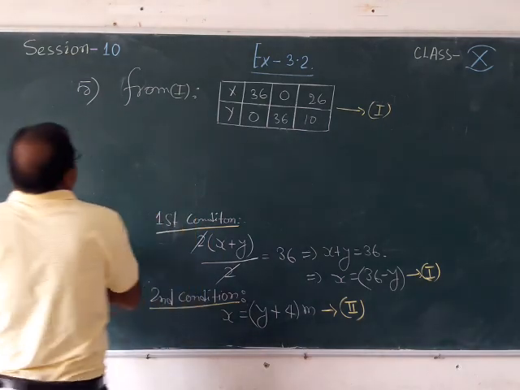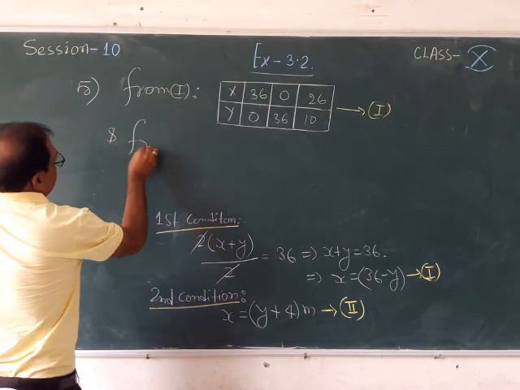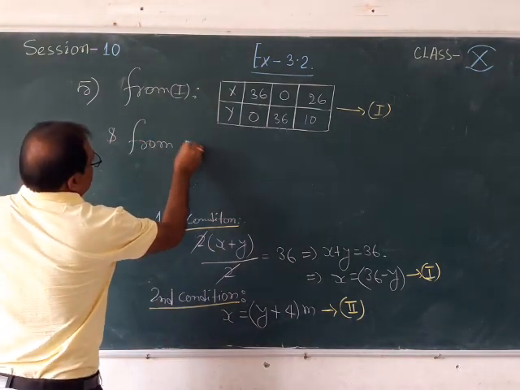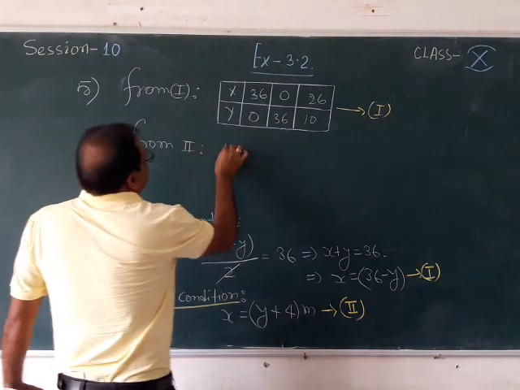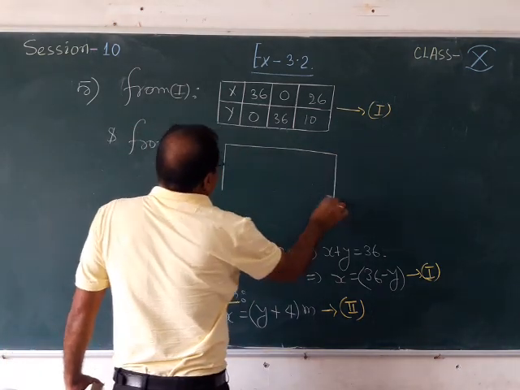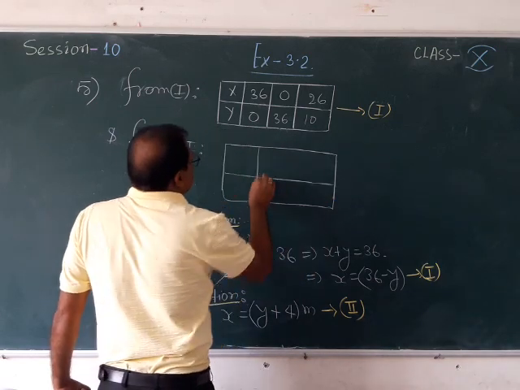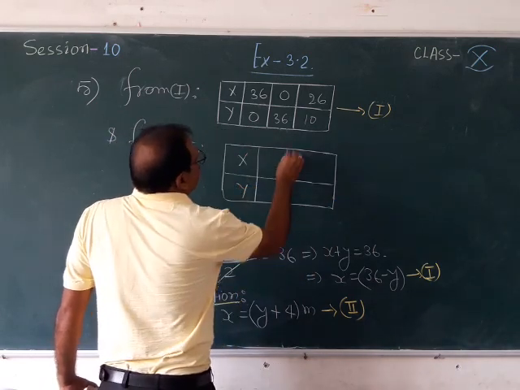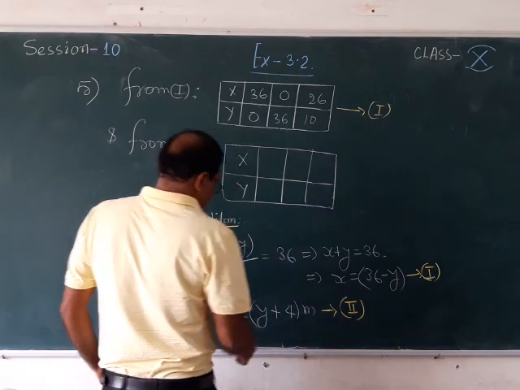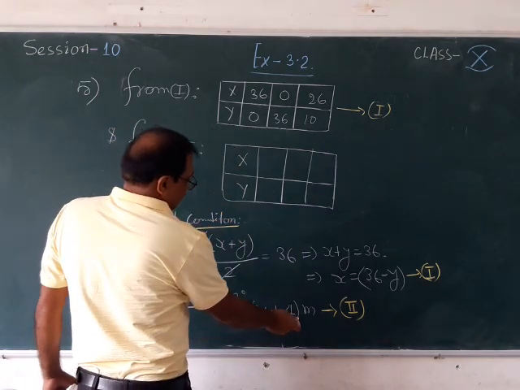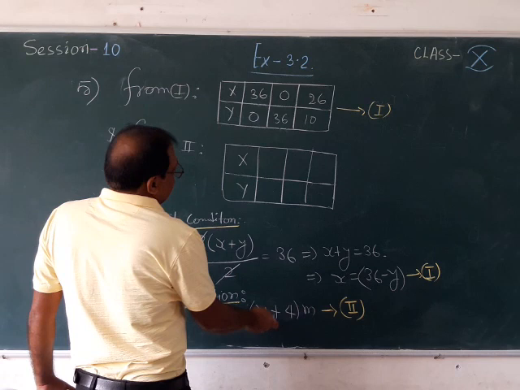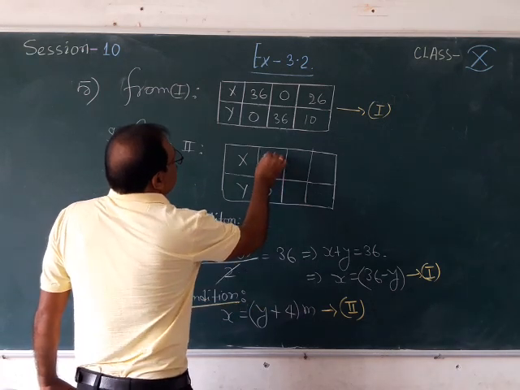And from the second, if you frame the solution table, your table will be like this. This is x and this is y. Take three values. If I take y as 0, then x is coming 4.